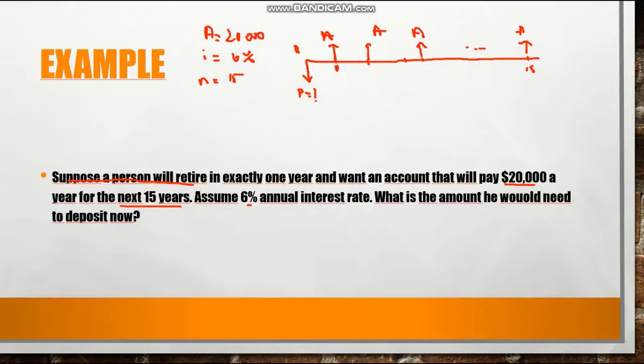Okay, we know the formula, which is P is equal to A multiplied by (1 plus I) power of n minus 1, over I times (1 plus I) power of n. A is 20,000.